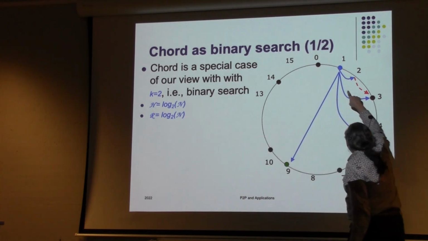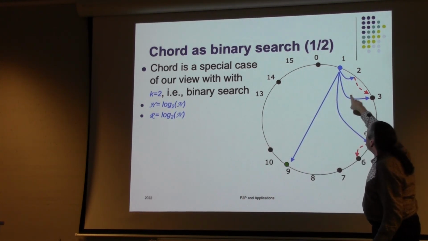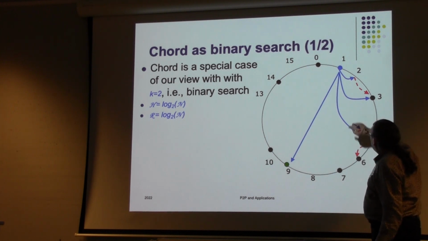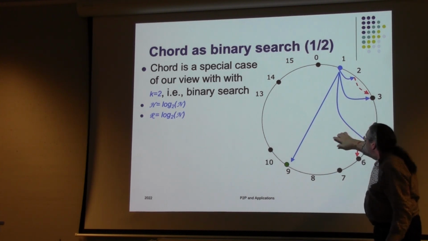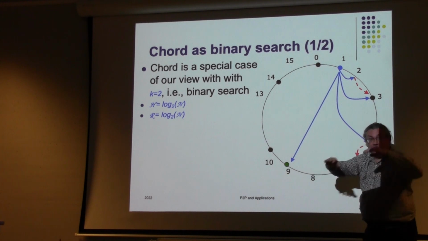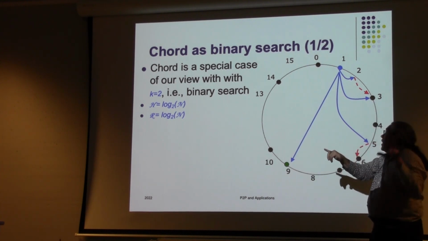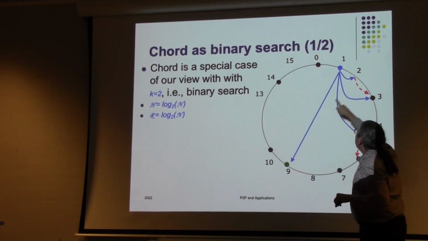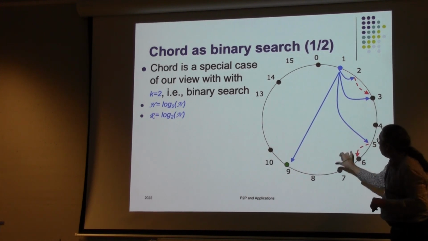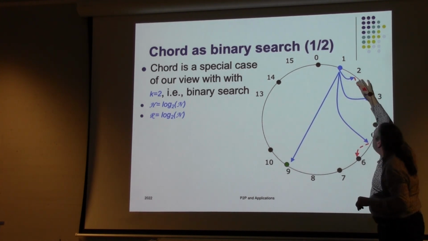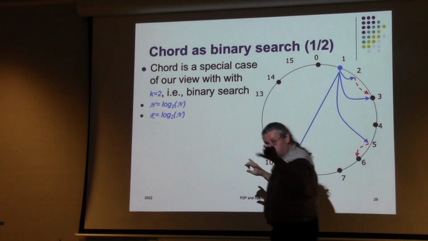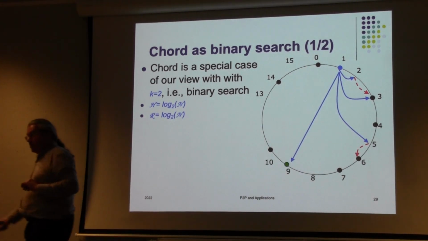So here we have 4 entries in the routing table, 1 for each level. The longest one is for the biggest level, when you divide half and half. The second one is 1/4, 1/4. The third one is 1/8, 1/8. And the fourth one is 1/16, 1/16. Okay?